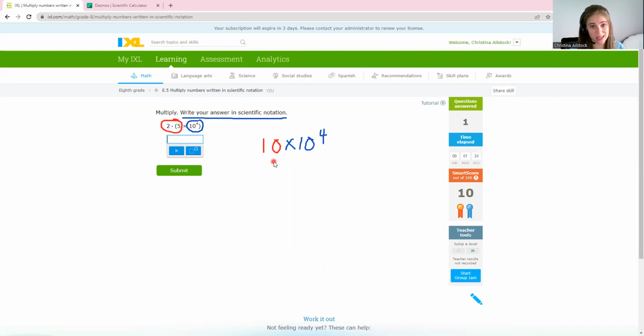And that is exactly 10, which means that's not allowed. But that's okay. You didn't do anything wrong. This is going to happen probably quite a bit throughout this activity because when you multiply, numbers get big really fast. So we just need to convert this. We just need to rewrite this so that it's written in proper scientific notation.